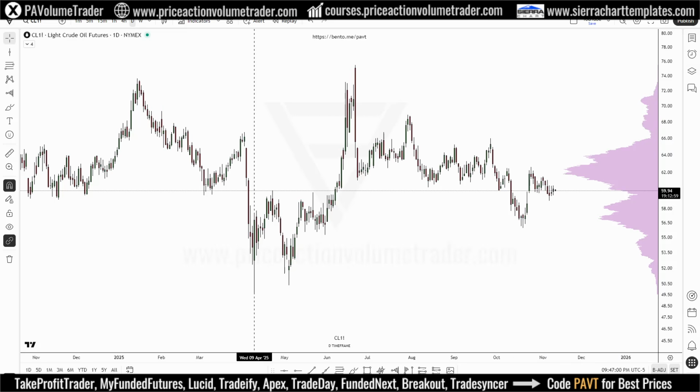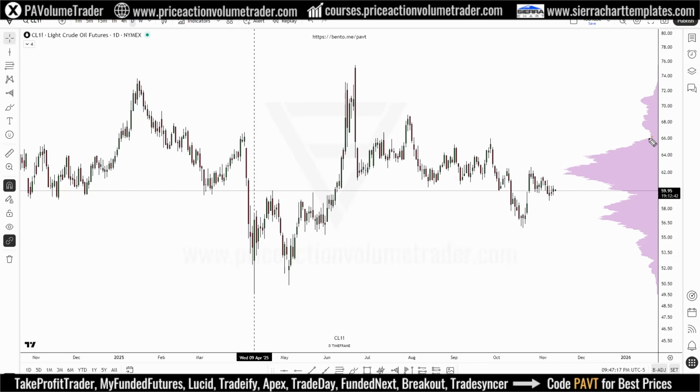That way I'm covering this whole rotation from bottom to top, and then from top to bottom right over here, okay?